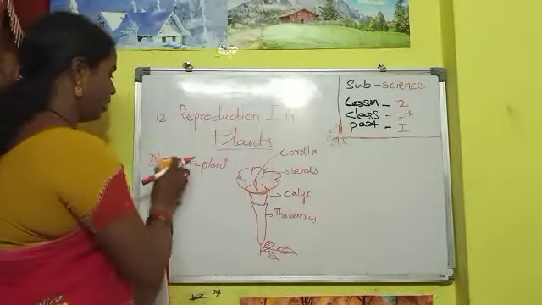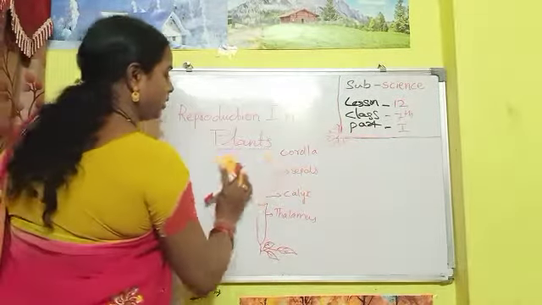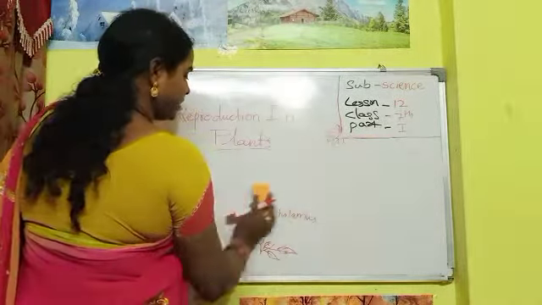Okay, children. Now we will draw different types of stamens. Stamens are the male part of the flowers, called androecium. In different flowers, how is the stamen? That we will draw here. In your textbook, figure number 3 gives the types of stamens.